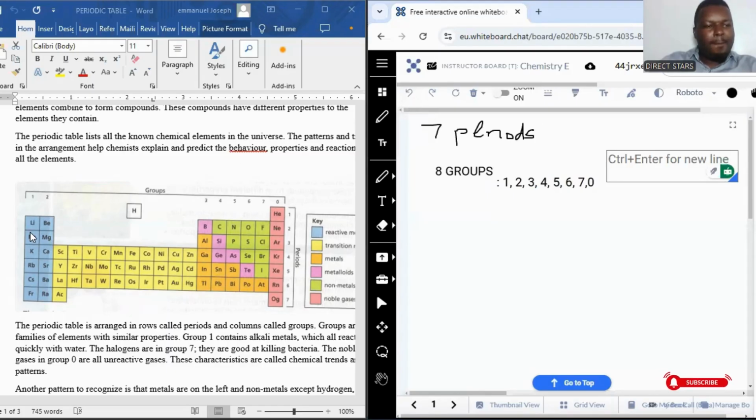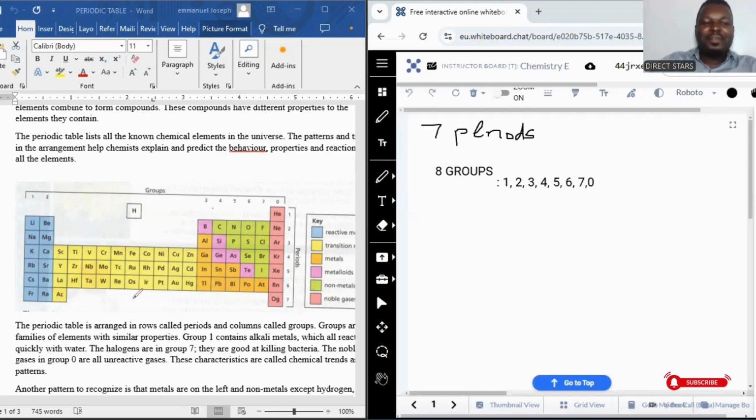These are illustrated on this table, as you can see. The vertical columns represent your group. So we have 1 here. So that means lithium, sodium, potassium, rubidium, calcium, all belong to group 1. And then group 2, beryllium, magnesium, follows that trend to group 2.